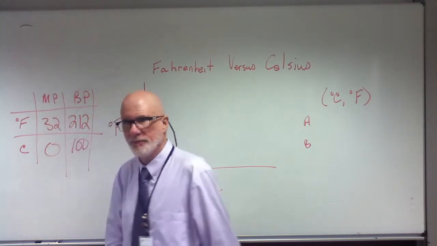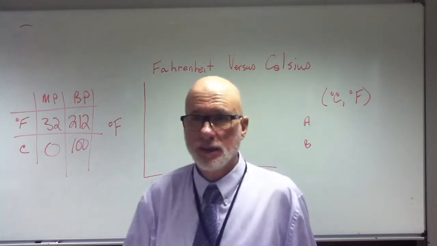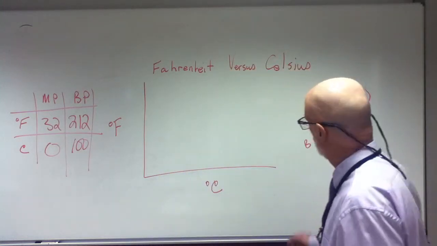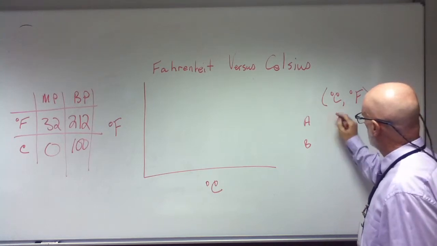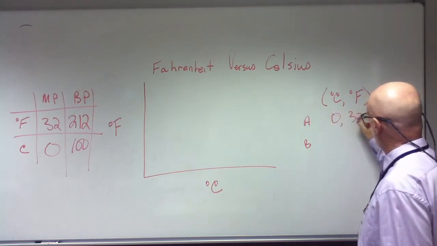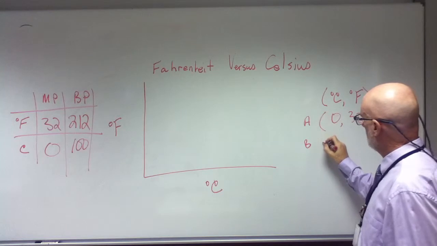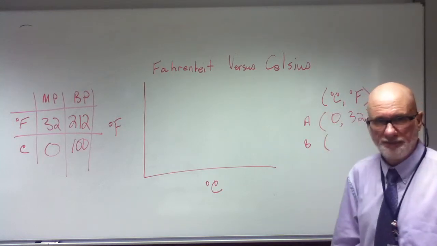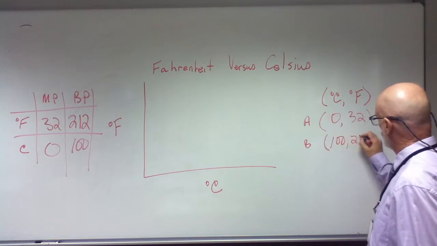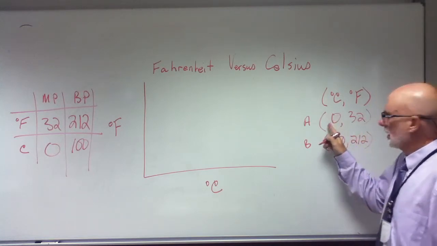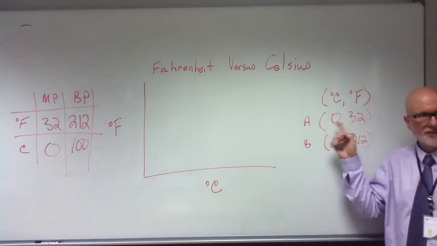What's it going to be? Kennedy. Yes, it will be 0, 32. Excellent. And B will therefore be 100, 212. Good. So in other words, they have to relate, don't they?